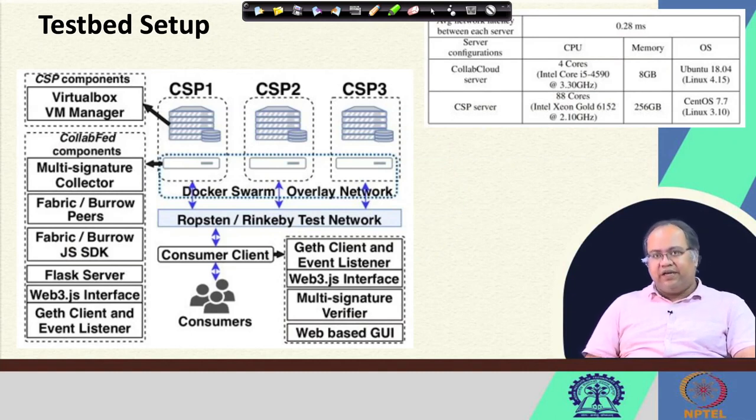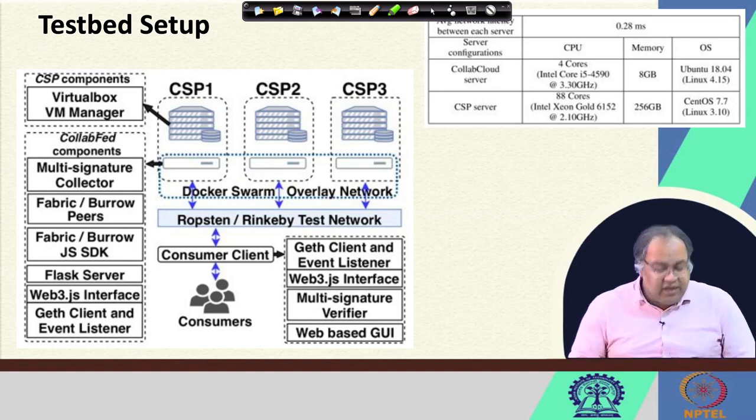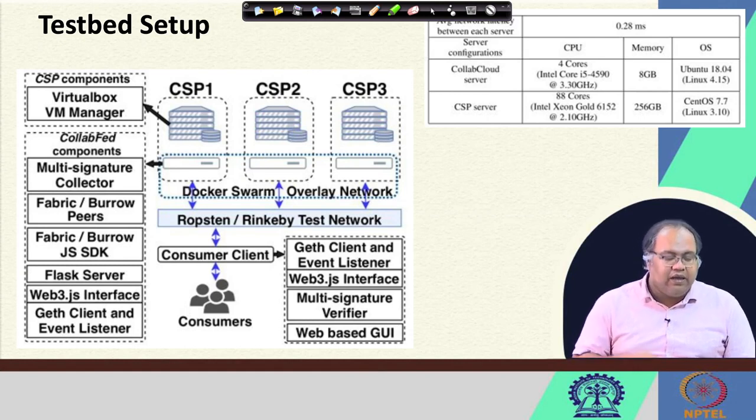We considered three different service providers, CSP1, CSP2 and CSP3. They run Docker Swarm on an overlay network. The public blockchain network was implemented using the Ropsten and Rinkeby test networks over Ethereum. We implemented this JIT client and event listener.